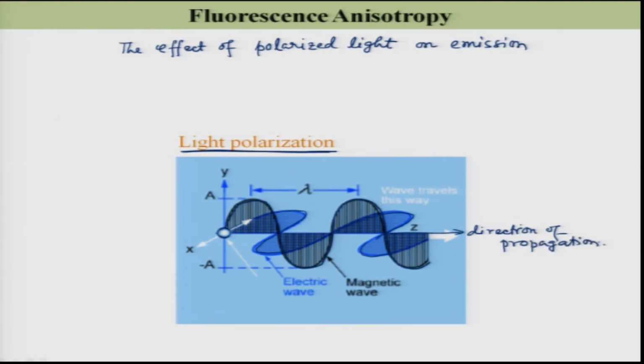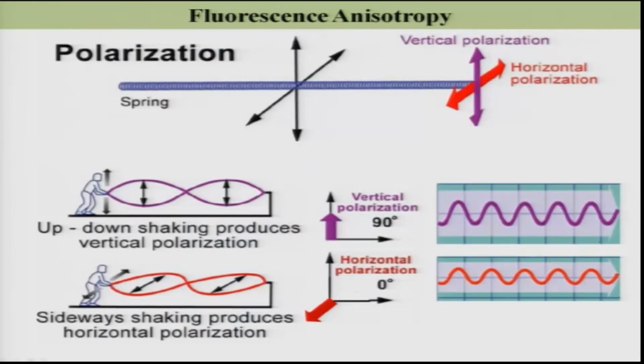Now, normal light can be represented as the electric field oscillating in all directions. Here, like this is a kind of spring, and I am oscillating this spring in the vertical direction.